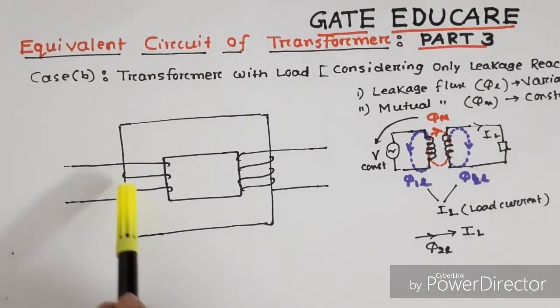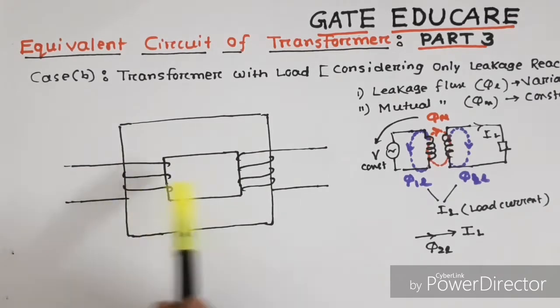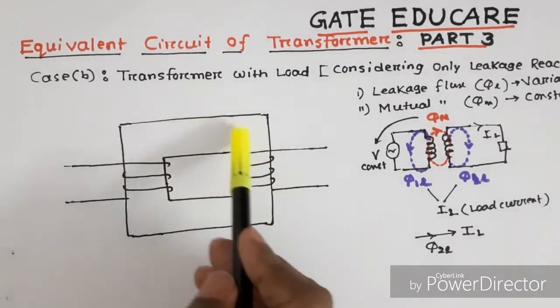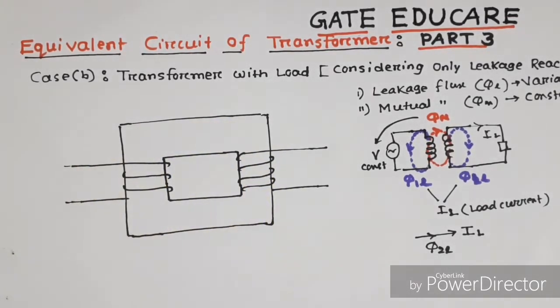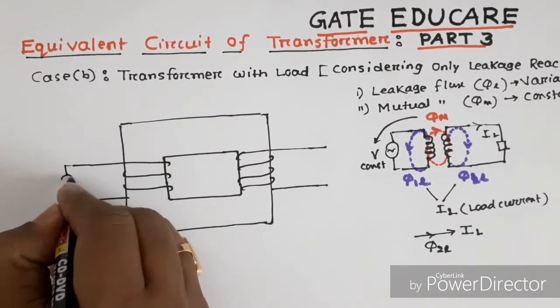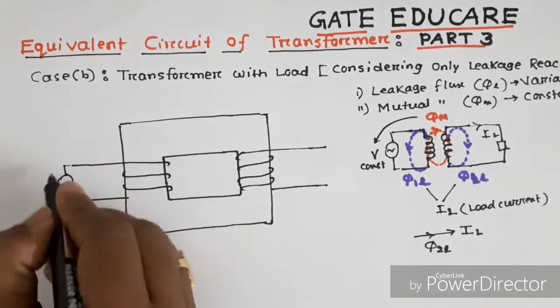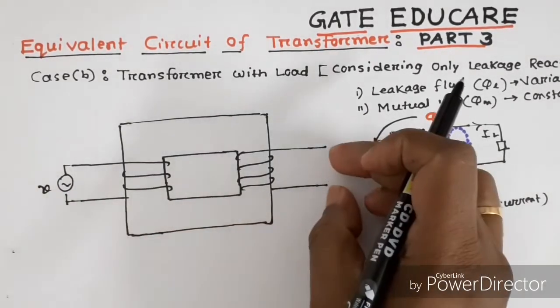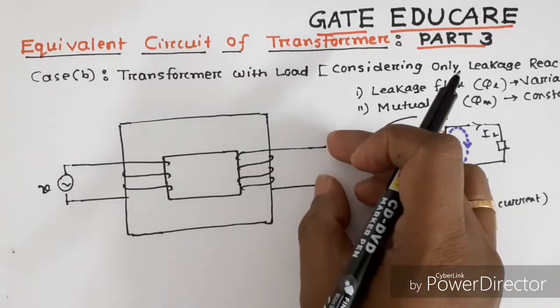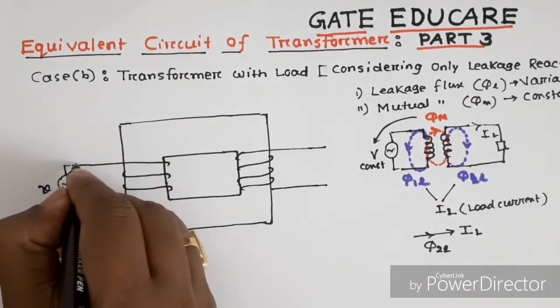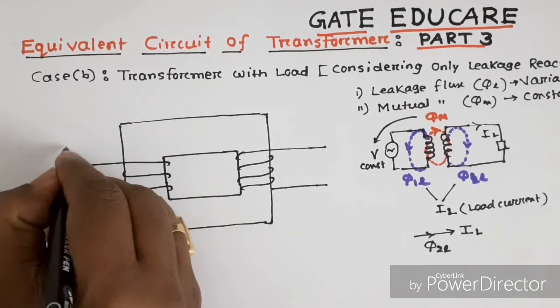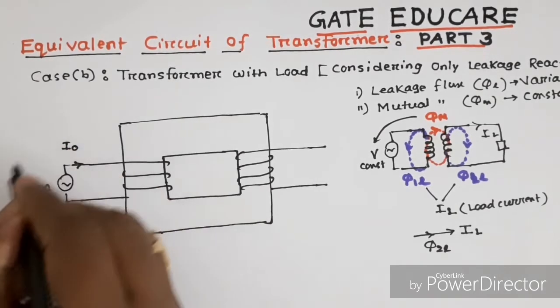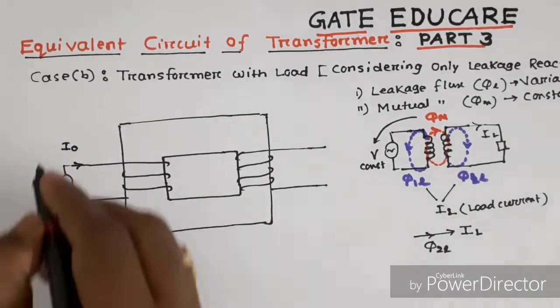Now, consider a transformer. This is the primary winding, this is a secondary winding and this is the core of the transformer. Whenever I apply an AC voltage V, since no load is connected here, it is open circuited, then a small amount of current, no load current I0, will be drawn from the supply.